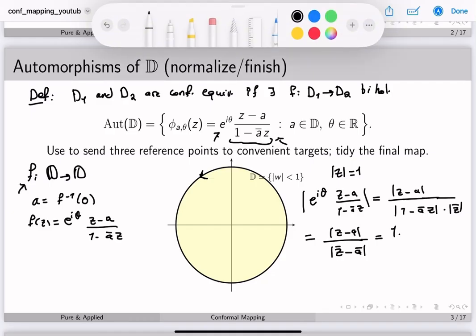And this is particularly useful in cases where, suppose you could find a map. Suppose I start with some domain, let's call it A, okay? And suppose I could find a map, let's call it G, that takes that to the unit disk.